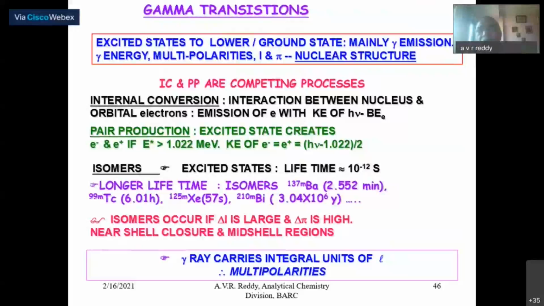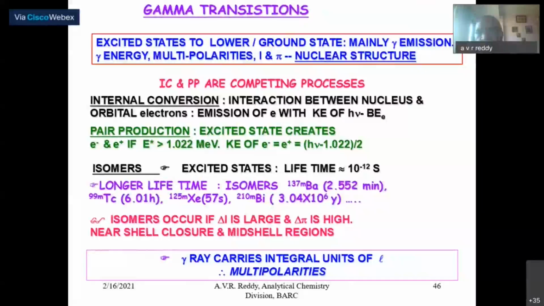It is better to have some idea that if there are two states, the ground state and excited states, there is a possibility that they will come down, and in the process they will emit energy in the form of a gamma ray. But all the time you need not expect the emission of a photon, a gamma ray.